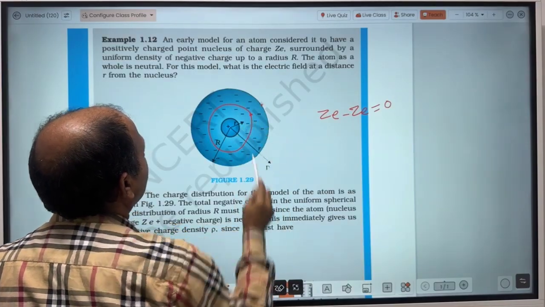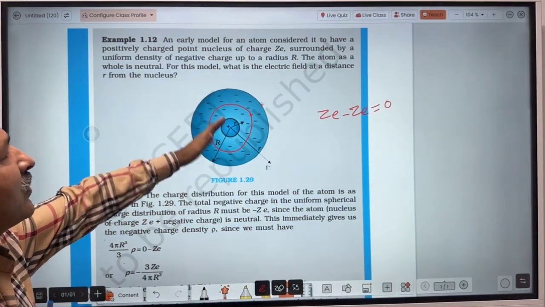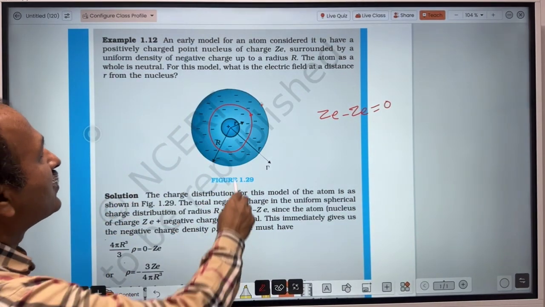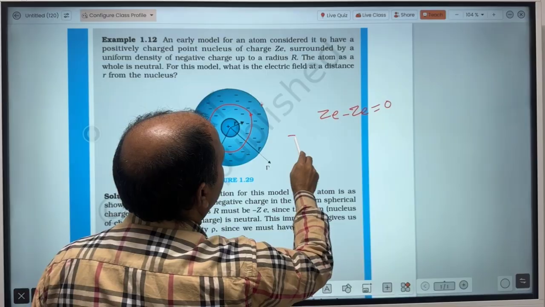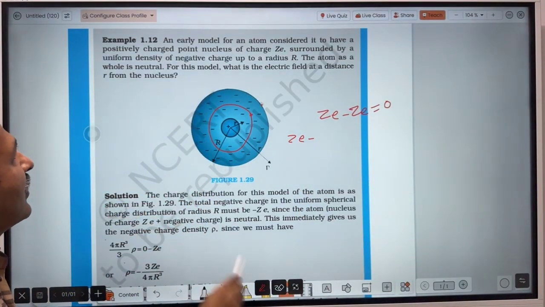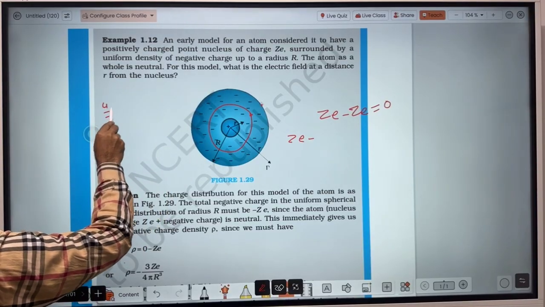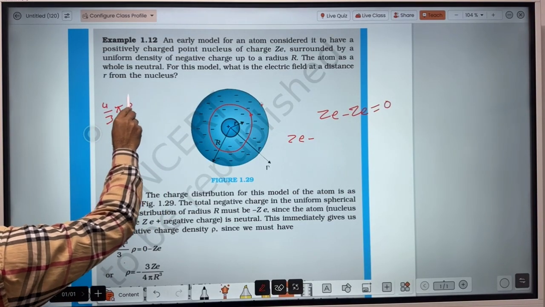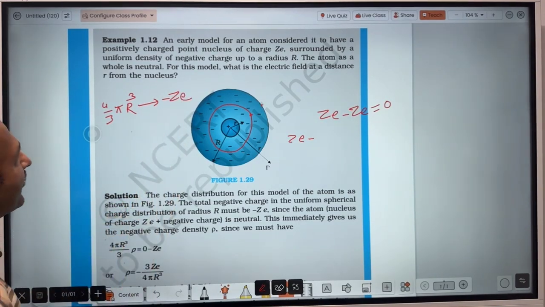If you consider this sphere, what will be the total positive charge and what will be the total negative charge? So here the total positive charge will remain Ze, but the negative charge will decrease because in volume 4 by 3 pi capital R cube, the total negative charge is minus Ze.